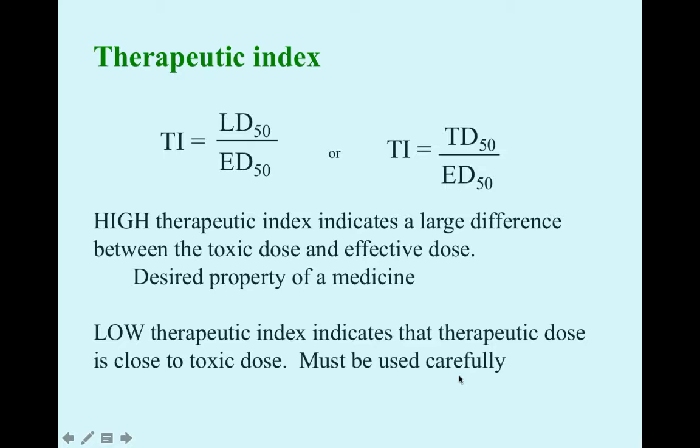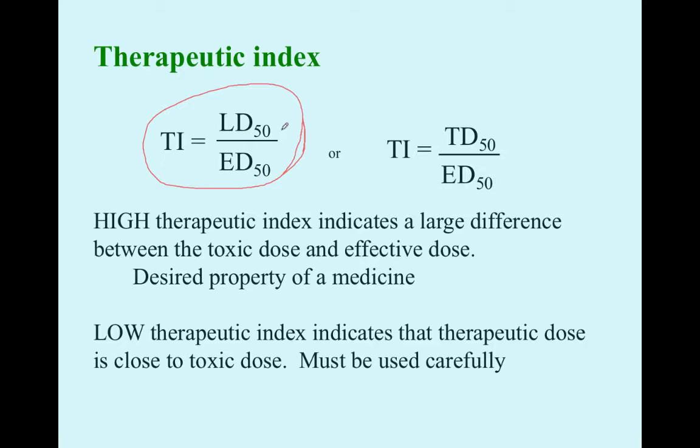All right, we're going to look at a therapeutic index, and for the most part, we're going to define it really as this. All right, this is what IB uses, although you should be aware that there are other ways to define a therapeutic index. So the therapeutic index, TI, is the lethal dose for 50%, LD50, over the effective dose, ED50.